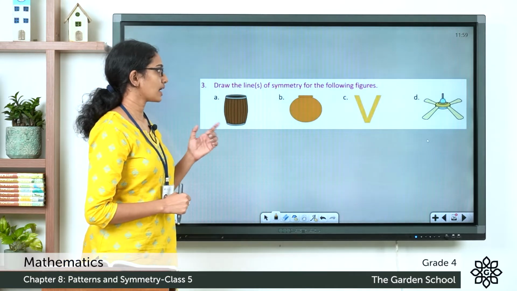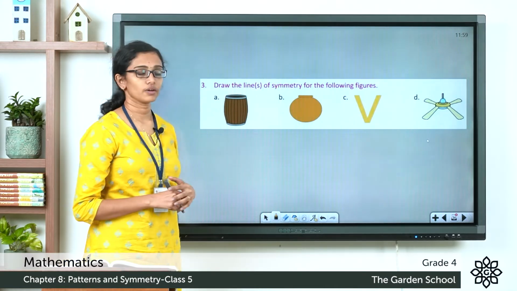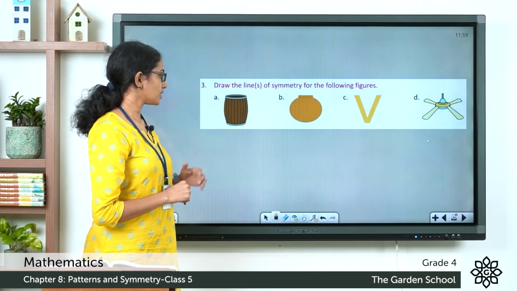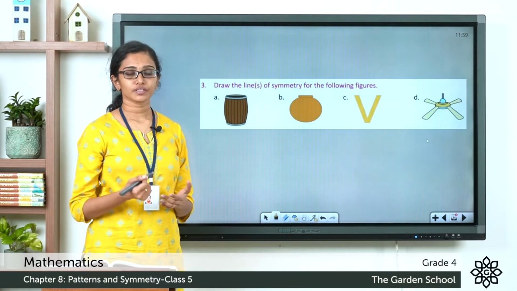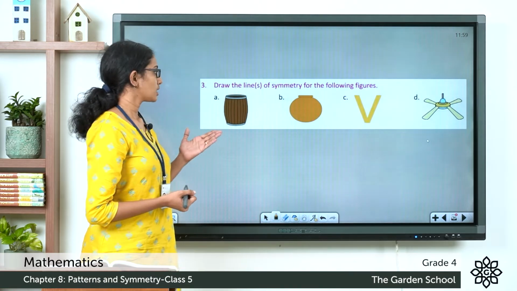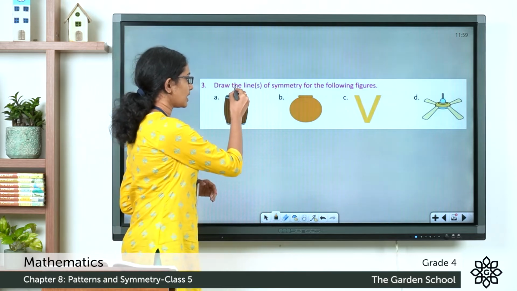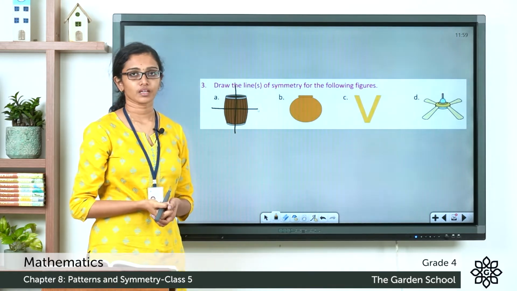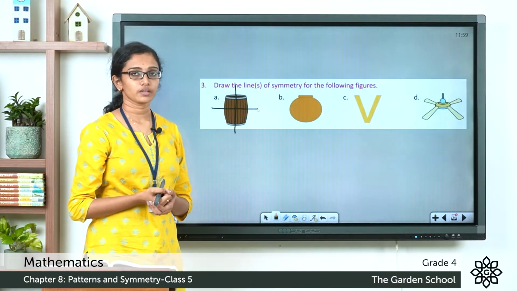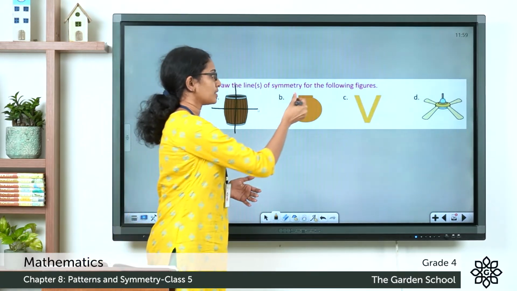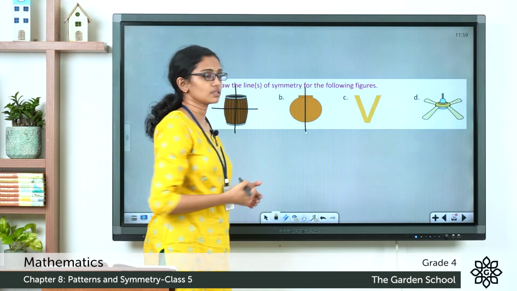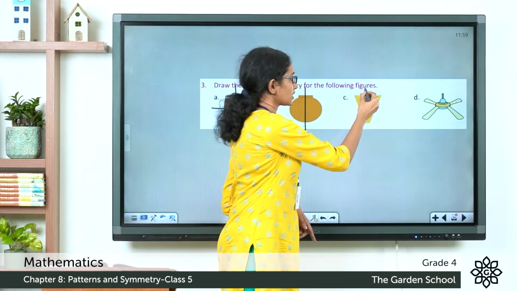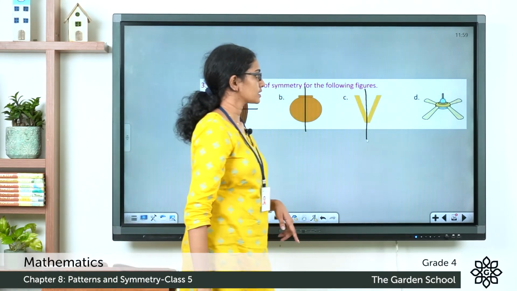Draw the line or lines of symmetry for the following figures. The first one, how would you draw a line of symmetry for this one? It can be symmetrical along a vertical line as well as a horizontal line. Now, what about the next one? You can see a pot there. It will have a vertical line of symmetry. The letter V also has a vertical line of symmetry.